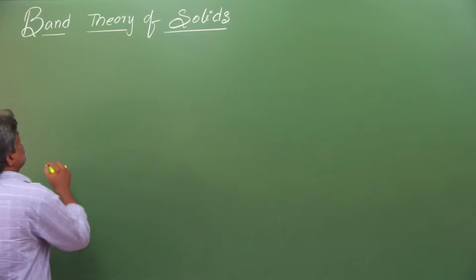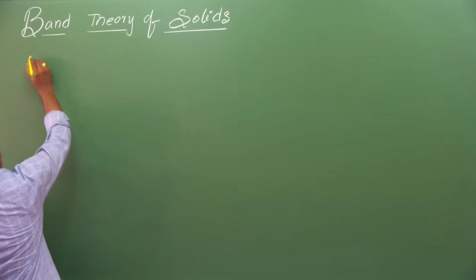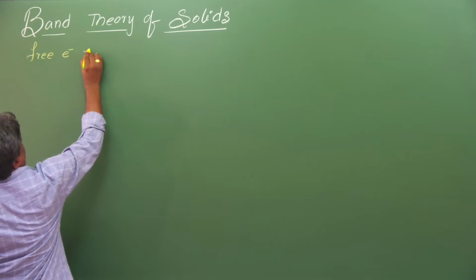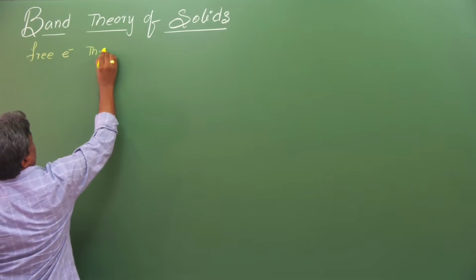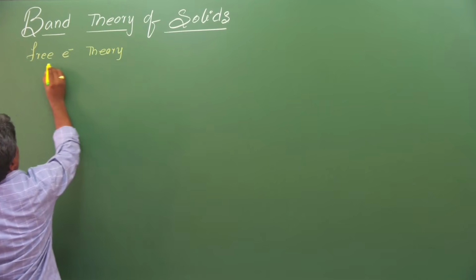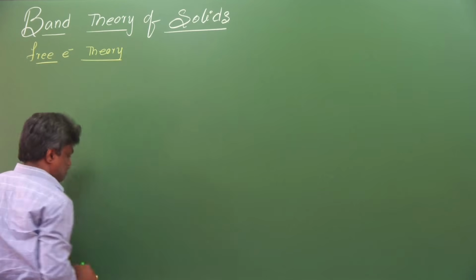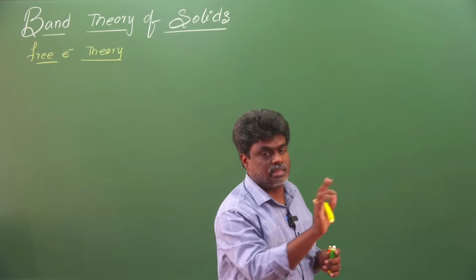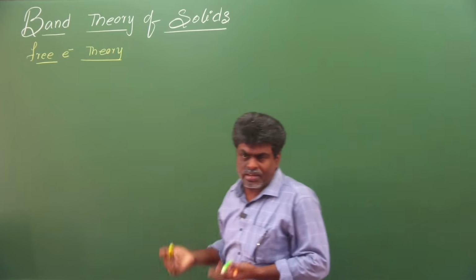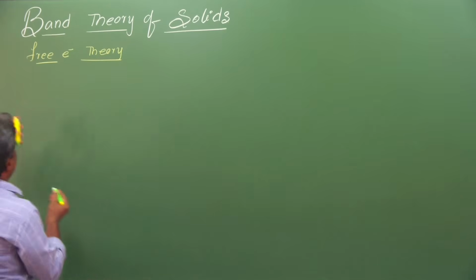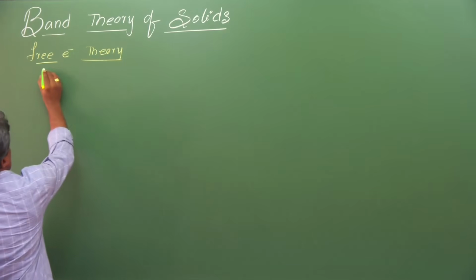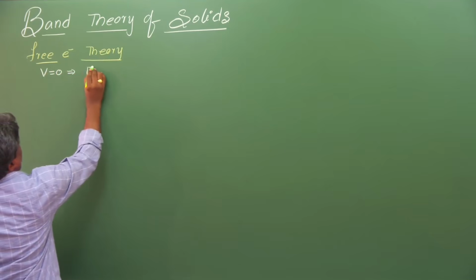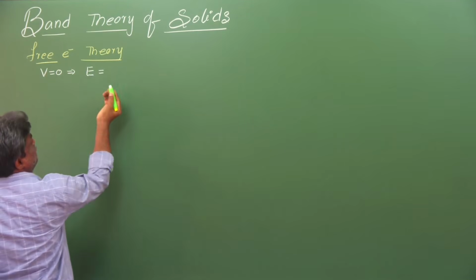So till now we have taken free electron theory. Say yes or no? What is the meaning of free electron? That means you are assuming the electron is moving freely inside the lattice. That is nothing but free electron theory. Whenever it is free, the potential energy is equal to 0 and the energy is only kinetic energy, non-relativistic.